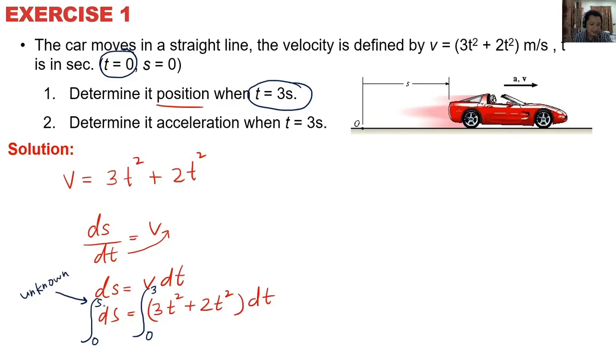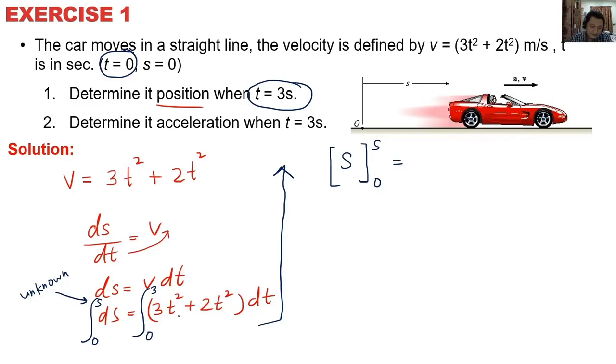This is the thing that you are trying to find out, which is s. So let's proceed doing the integration. Integrate ds, you're going to get s. And you are going to evaluate it from 0 until s.